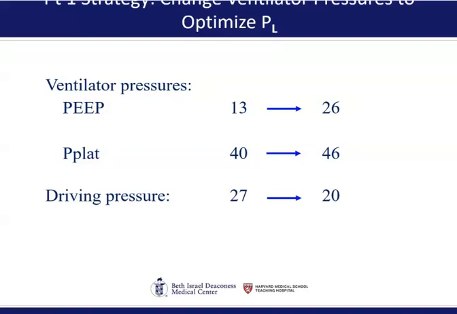When we increased the recruitment of the patient, we weren't over-distending the patient, we were actually recruiting him. That led to a decrease in driving pressure to 20 in spite of the much higher ventilator pressures. So this would indicate that we weren't harming this patient by increasing PEEP to this level. We were actually recruiting the lung, and the driving pressure gives us a method of evaluating that.